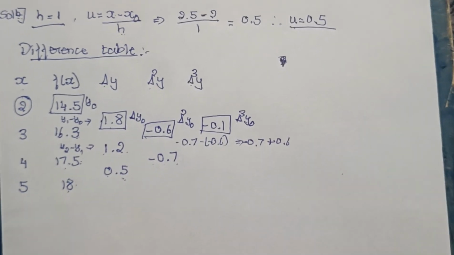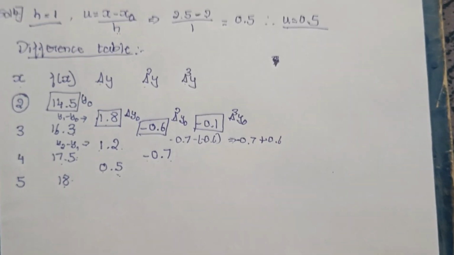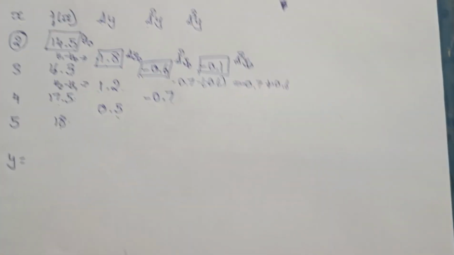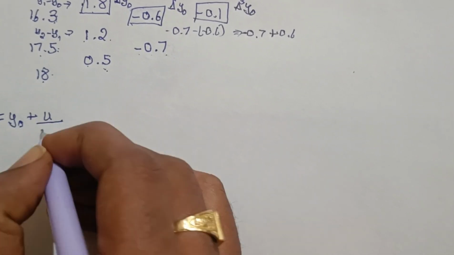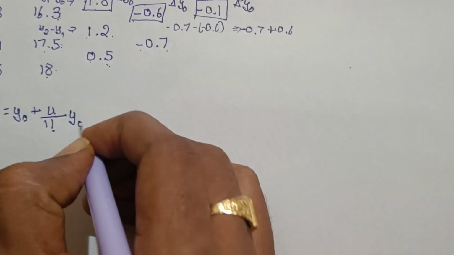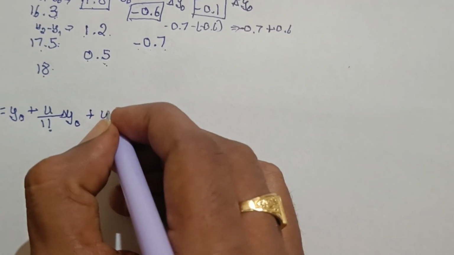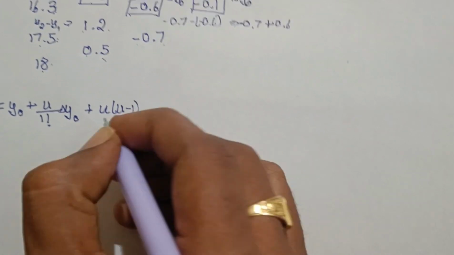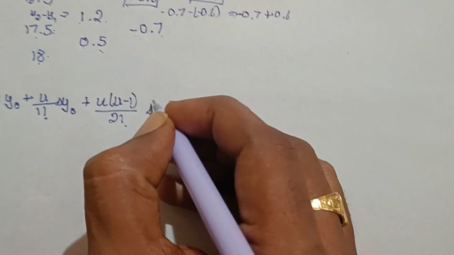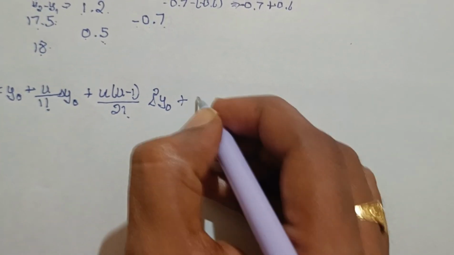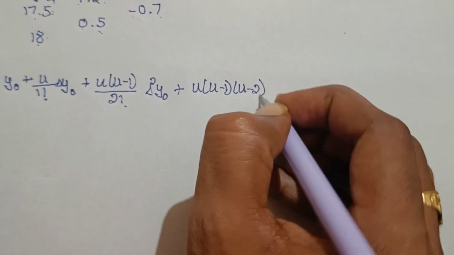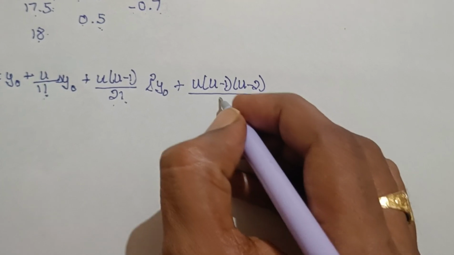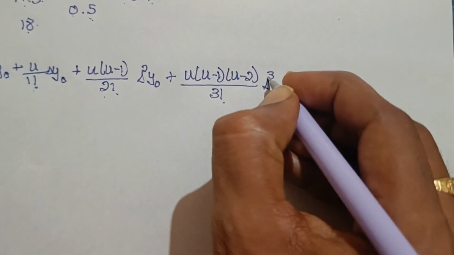Next we will compute these values in the actual formula. The formula for Newton forward interpolation formula is y is equal to y naught plus u divided by 1 factorial into delta y naught plus u of u minus 1 divided by 2 factorial into delta square y naught plus u into u minus 1 into u minus 2 divided by 3 factorial into delta cube y naught.